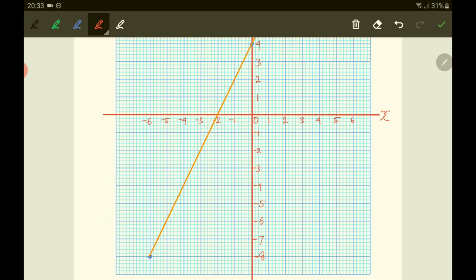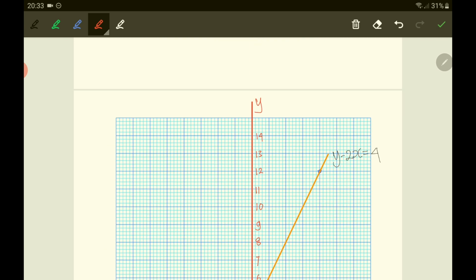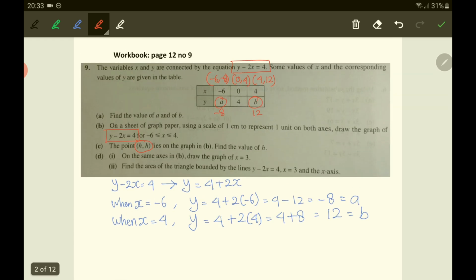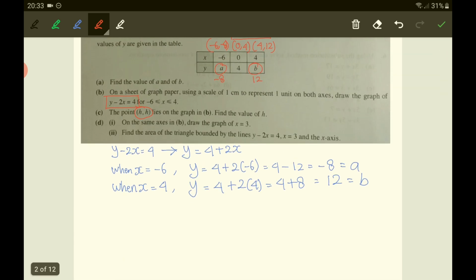I think I got that one. This point coordinate is -4 comma -4. So the answer for the C part is h is equal to -4.